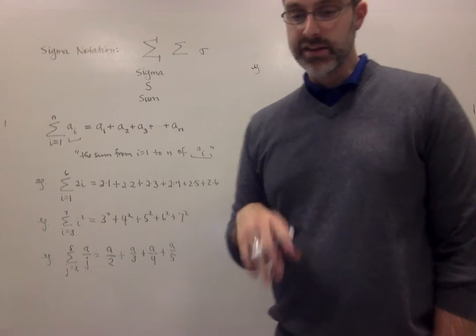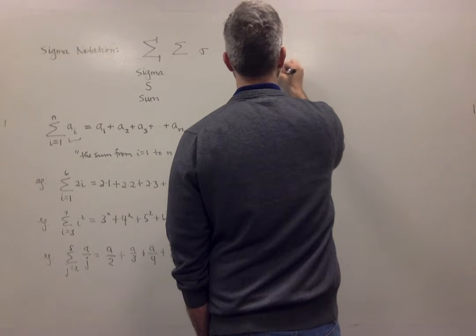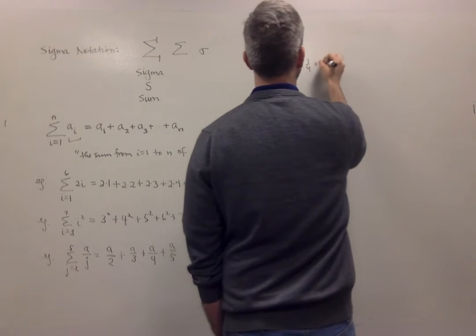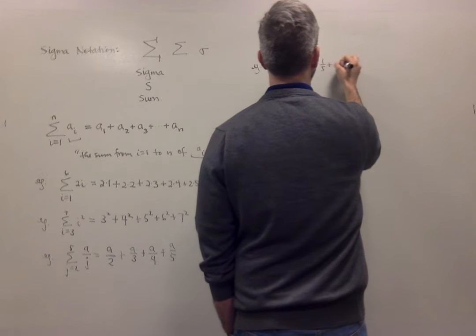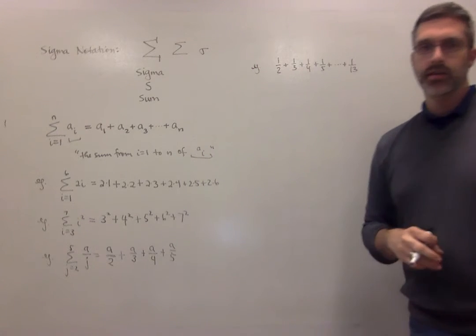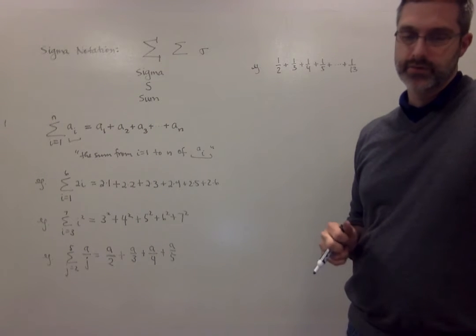So let's suppose that I gave you the sum that's 1/2 plus a third plus a fourth plus a fifth, and I kept going all the way up to a 13th. Let's figure out how to write this in sigma notation, okay?